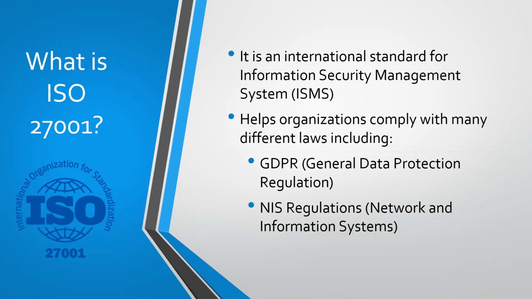ISO 27701 specifies the requirements for and provides guidance for establishing, implementing, maintaining, and continually improving a PIMS, the Privacy Information Management System. The PIMS standard provides extensions and guidance on how to update the ISMS to also adequately include the management of privacy information.